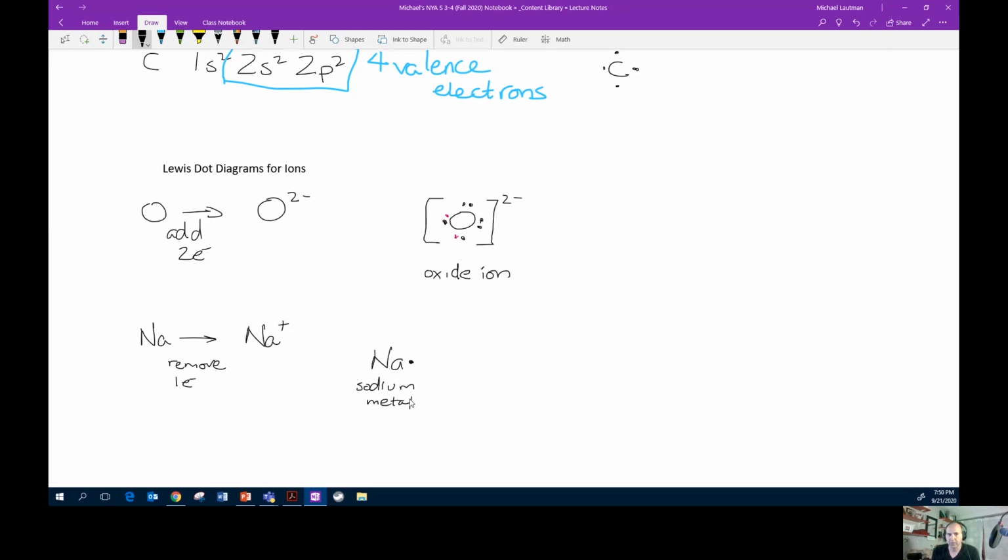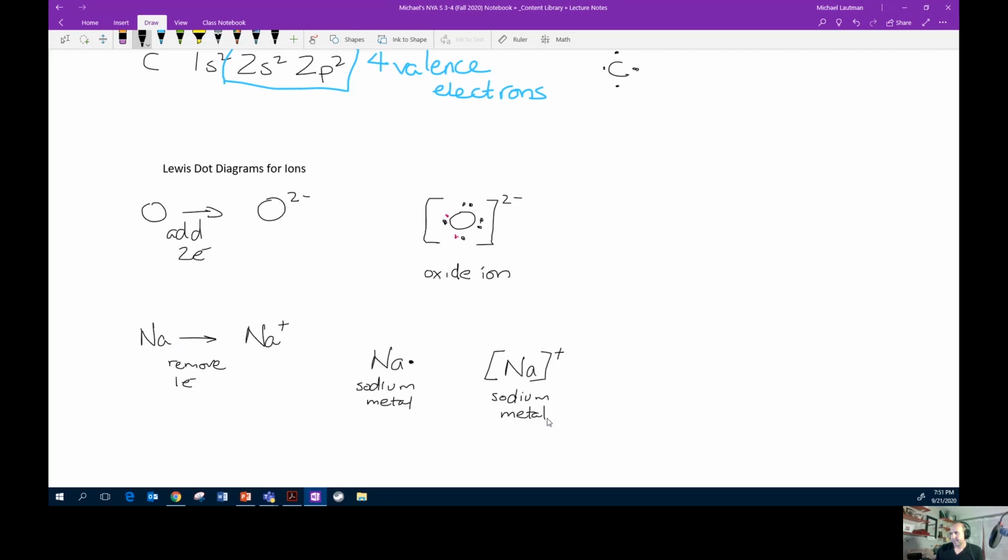I remove the electron, and that's it. So sodium ion has no valence electrons. So I draw it like this, and I put square brackets around it, and I add a +1. That's really all there is to the Lewis diagrams of ions.